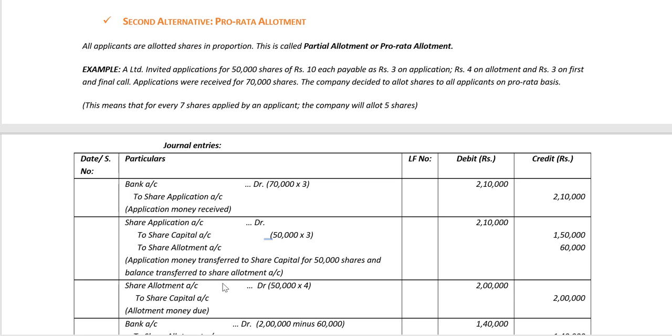The journal entry is share application account debit 2,10,000 rupees, to share capital account 1,50,000 rupees, and to share allotment account 60,000 rupees. So the narration, application money transferred to share capital for 50,000 shares, and the balance transferred to share allotment account.